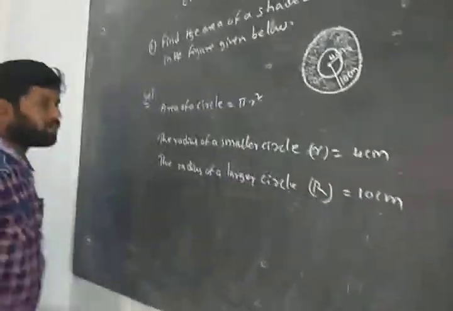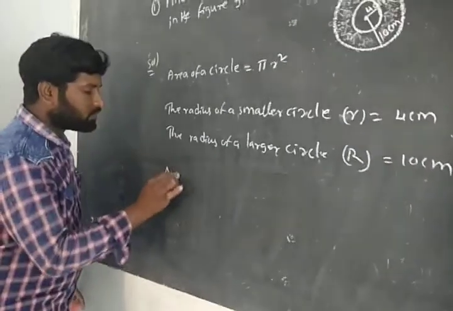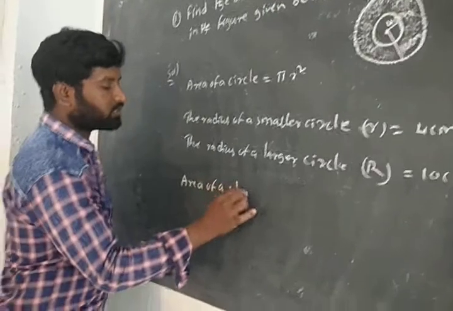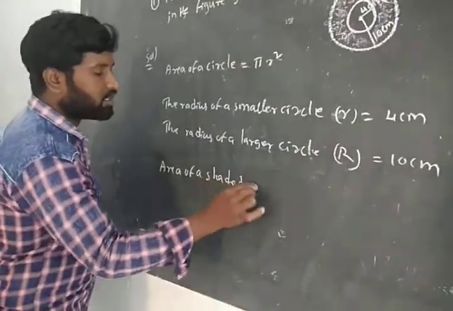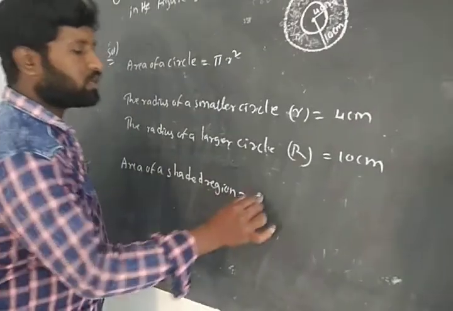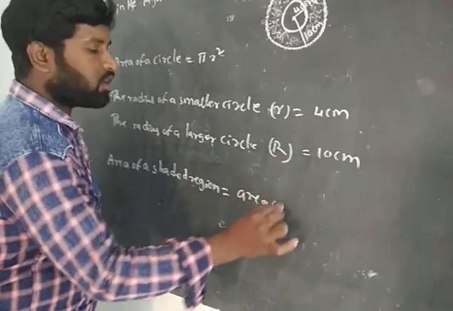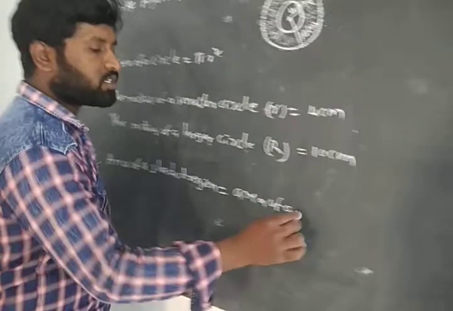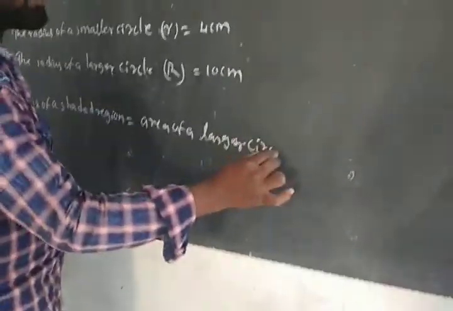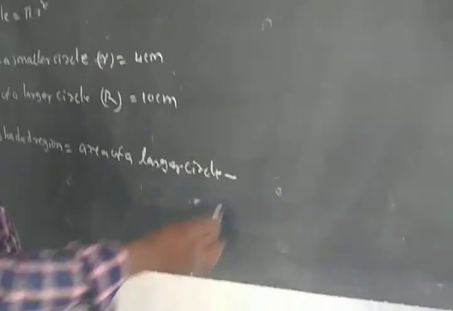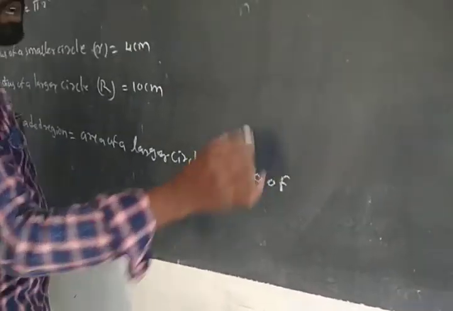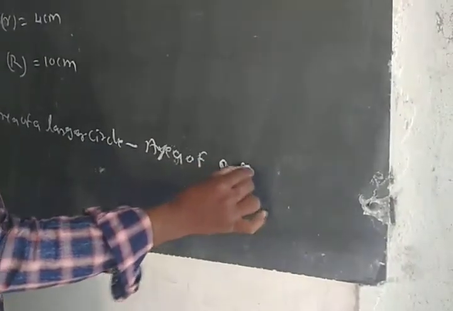See here, area of the shaded region is equal to area of the larger circle minus area of the smaller circle.